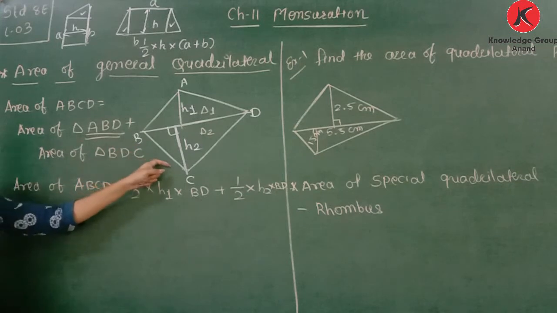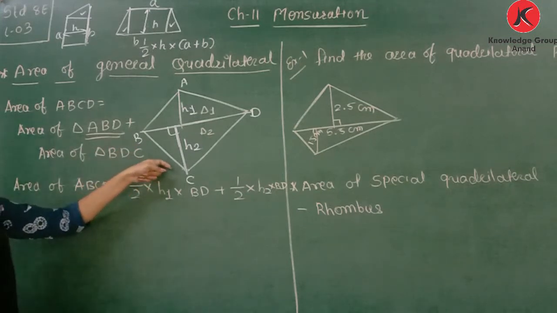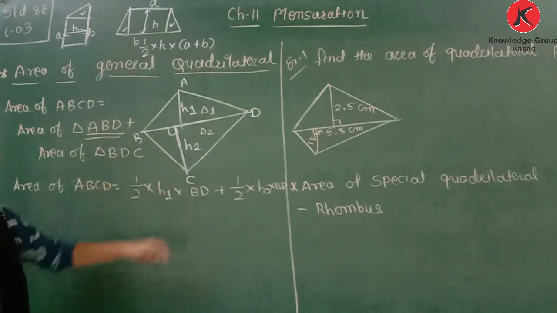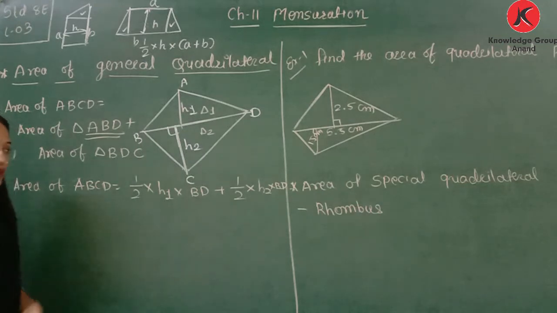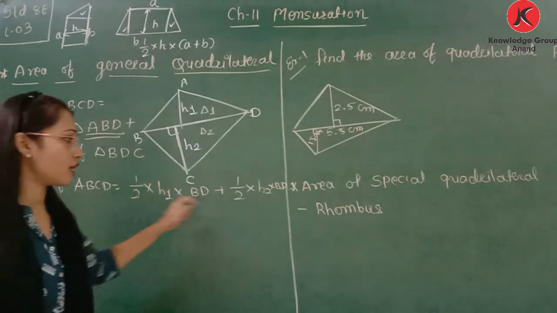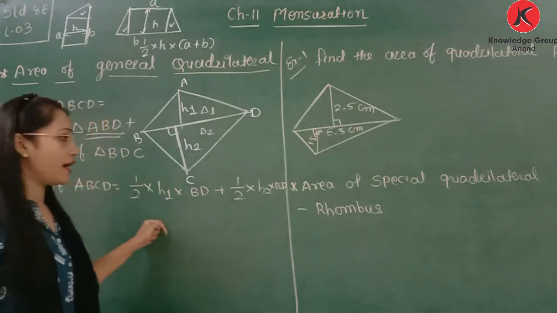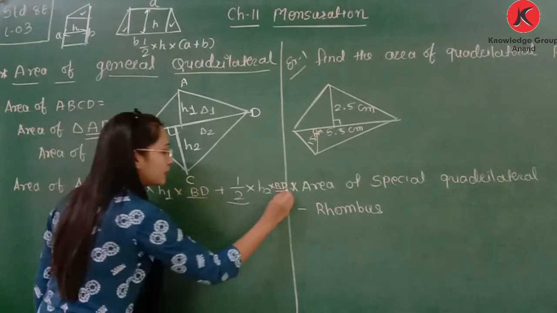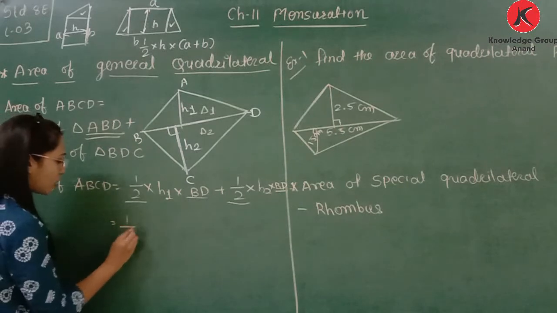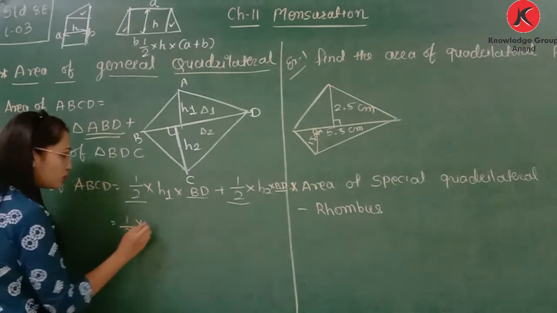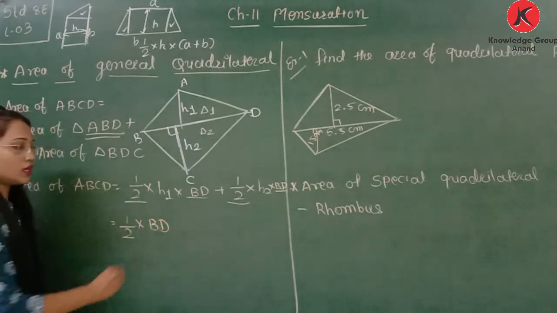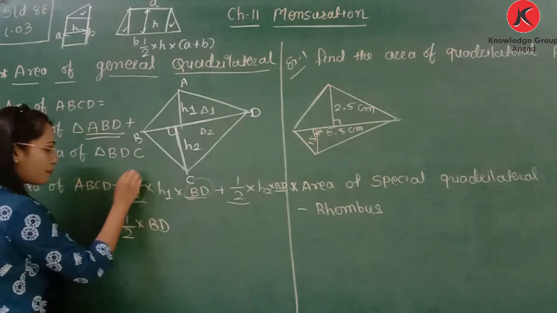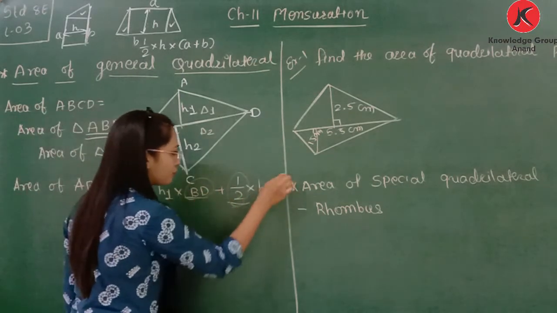If it is of any kind of shape, but if it is a quadrilateral, then we can divide it into known figures, that is triangles, and we need to find the area of each triangle and add. Now 1 by 2 and BD in both terms are common, so we can take them out. Here we have BD and 1 by 2, and in this form 1 by 2 and BD.